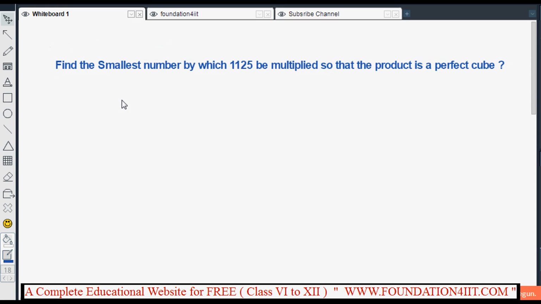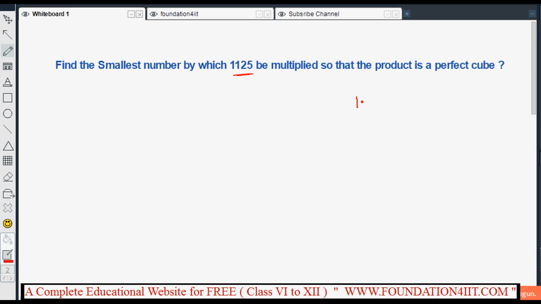Okay, so this is the question now. Find the smallest number by which 1125 be multiplied so that the product is a perfect cube.